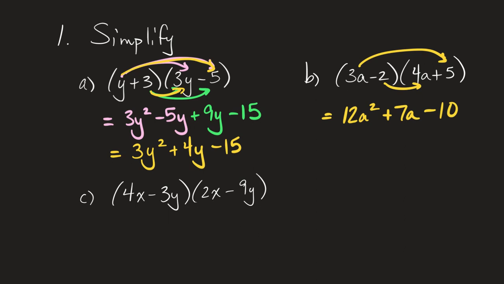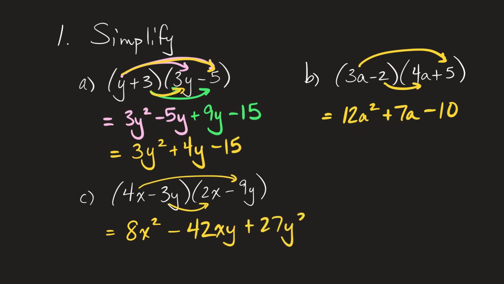And we finish off on C. So we can take a peek and recognize that we have an 8x squared at the beginning. When we expand, we're going to get negative 36. We're going to get negative 6 more. That gets me to a negative 42. Those terms happen to be xy terms. And then I can finish my expanding.